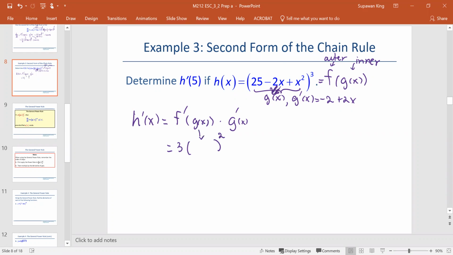And that quantity is the g of x, which is 25 minus 2x plus x squared. And then the derivative of the g, which is negative 2 plus 2x.